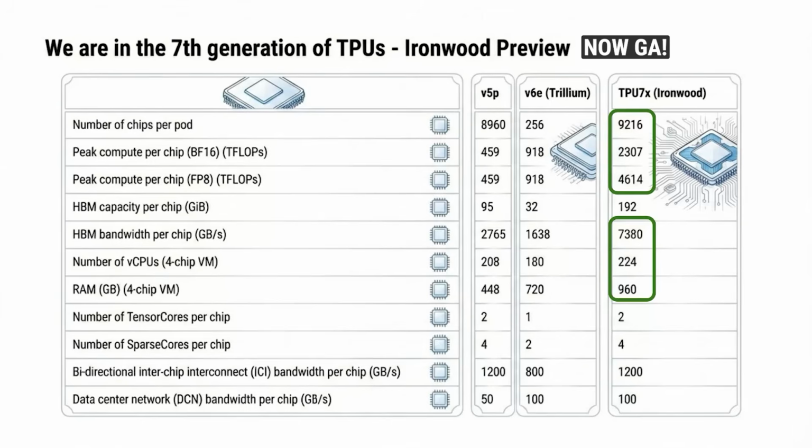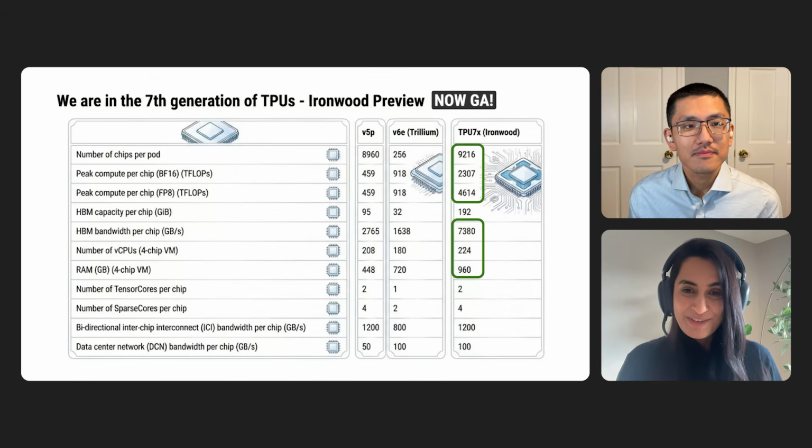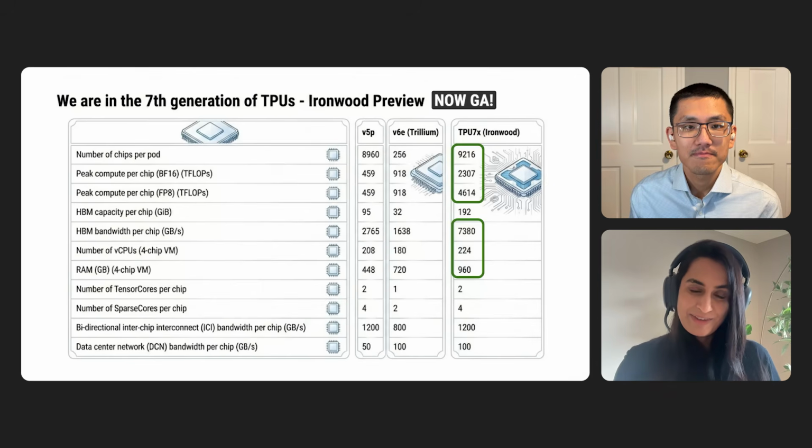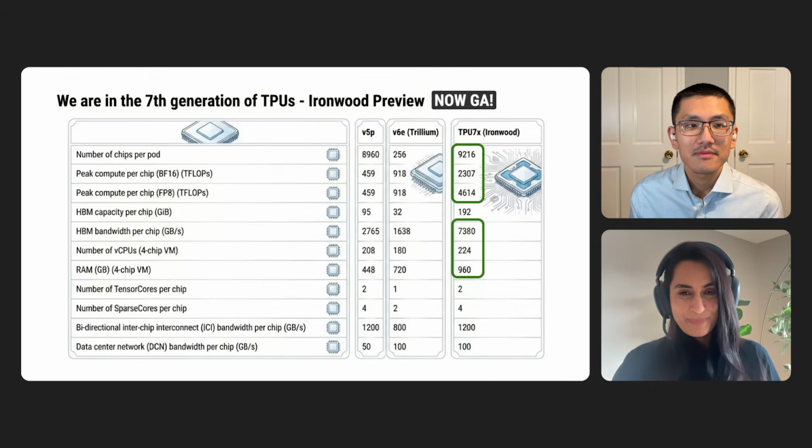You can also see how the TFLOPs for BF16 and FP8 have jumped from our previous generation of TPUs. That means more power for your AI training and inferencing, with increased HBM bandwidth per chip for all the data loading that's necessary for your AI workloads. So that's our 7th generation Ironwood for you.